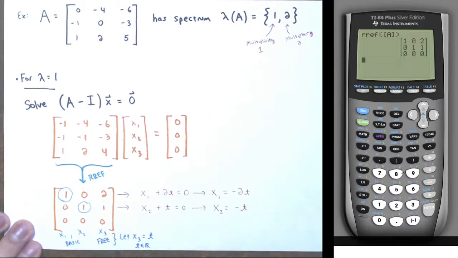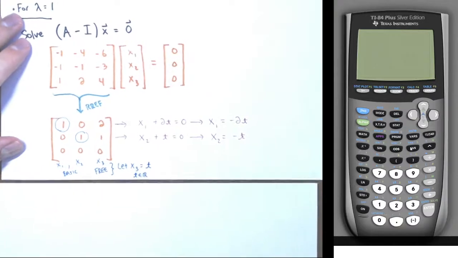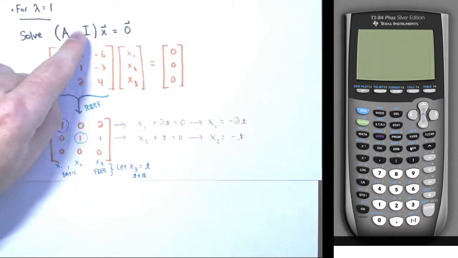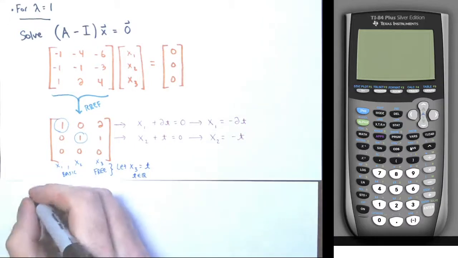All right. And then putting all this together on the next page, we see our solutions to this equation. The solutions to this A minus I times x equals 0 look like the following.